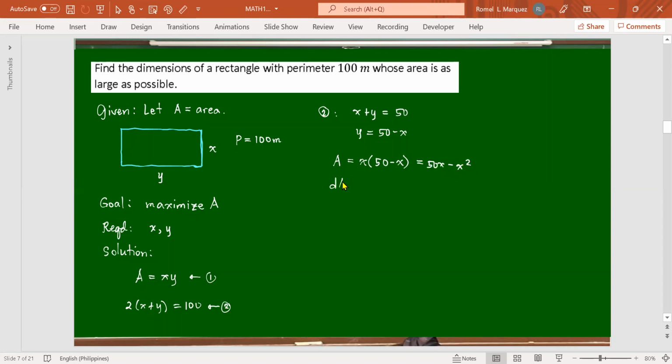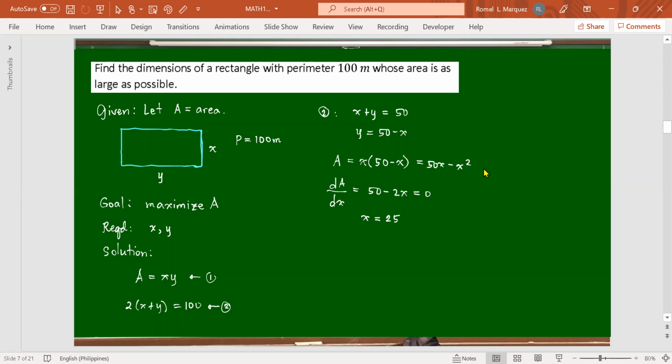What's the derivative of A with respect to x? 50 minus 2x. Equate to 0 to get the critical number. So x equals 50 divided by 2, that is 25. Am I correct? So this is the critical number.